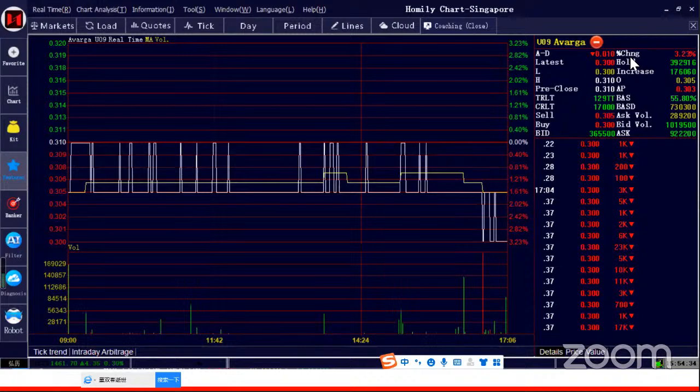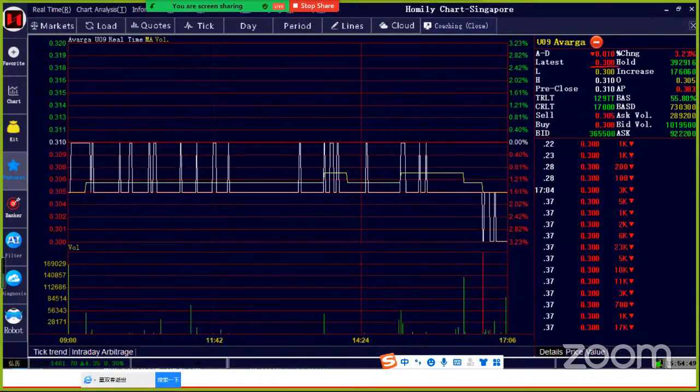Then what is percentage of change? Percentage of change is the last trade price minus the pre-close price, the difference divided by the pre-close price.